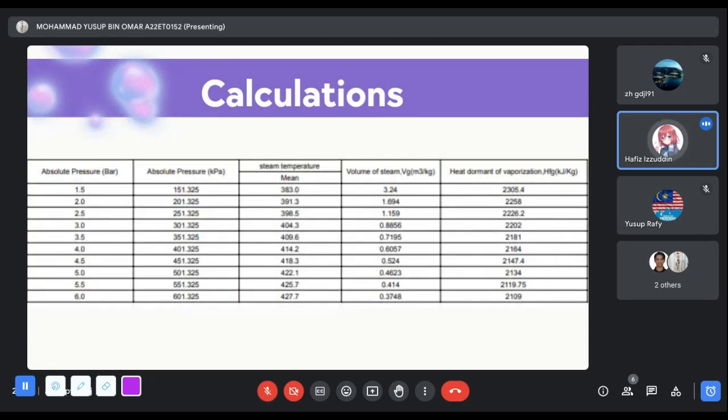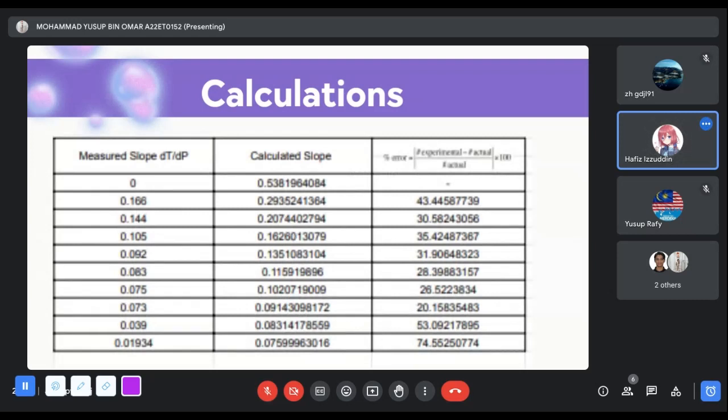Okay, in this table we get the dP/dT and calculate the slope. So you can look at the table, for example for the pressure of 1.5 bar, the volume of steam is 3.24 and the heat of evaporation is 2305.4, and the rest are similar.